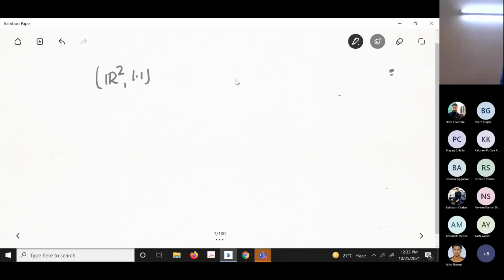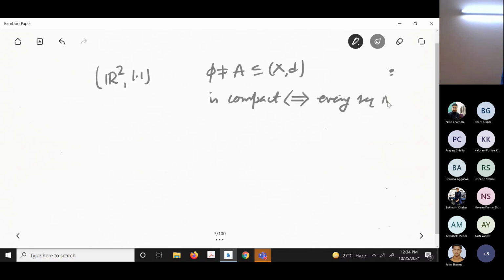Remember the last time I did that, a subset in a metric space is compact if and only if every sequence in A has a subsequence converging to a point in A, because A has to be closed.